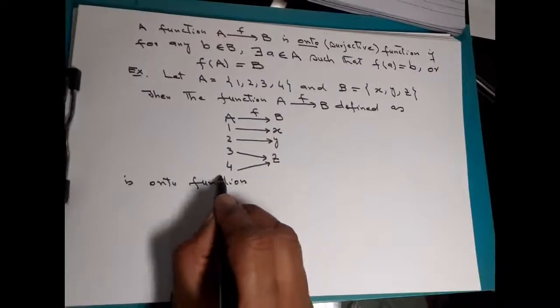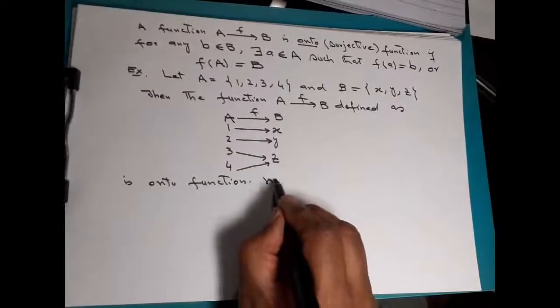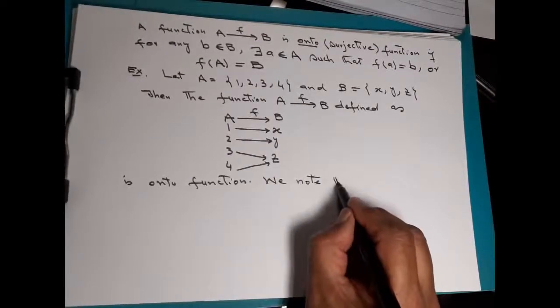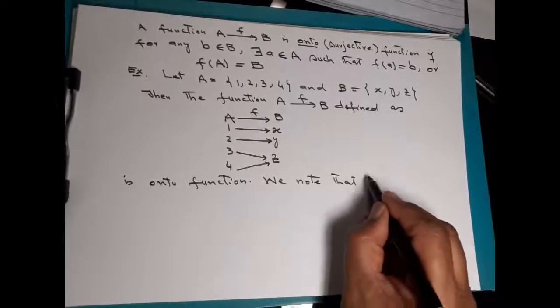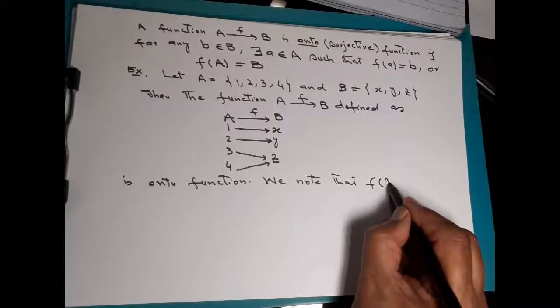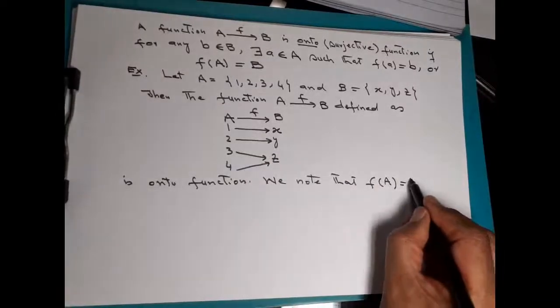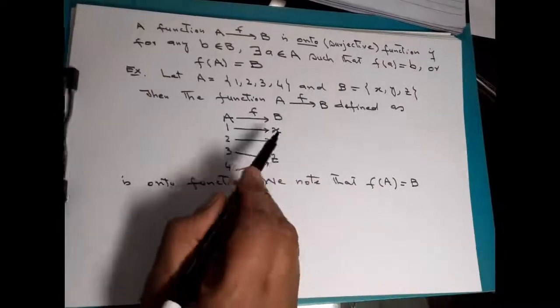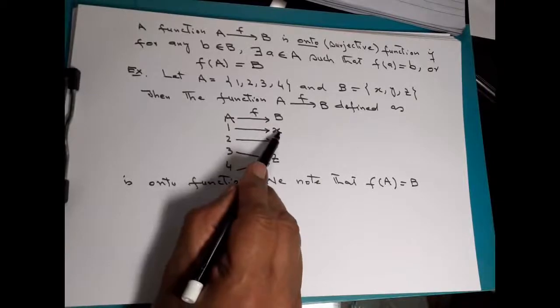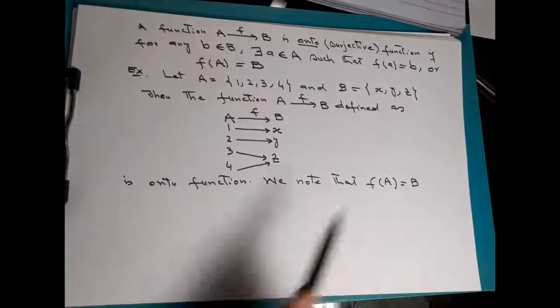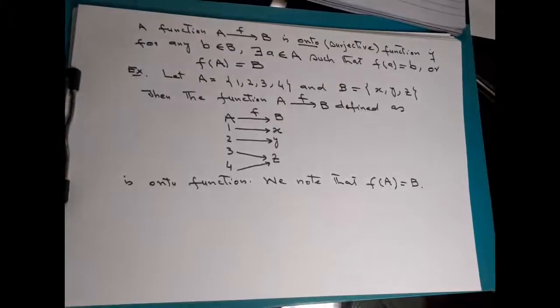And in this case, note that f(A) is equal to the whole set B. Each element of B is image of some element of A. So f(A) is equal to B. So this is property of onto functions.